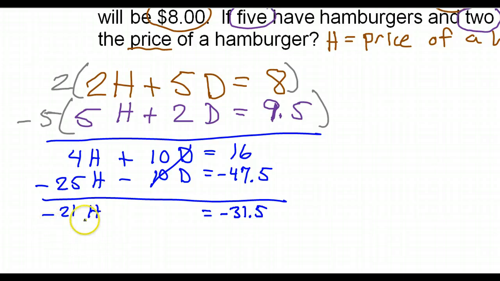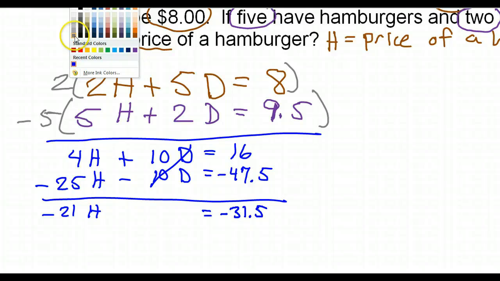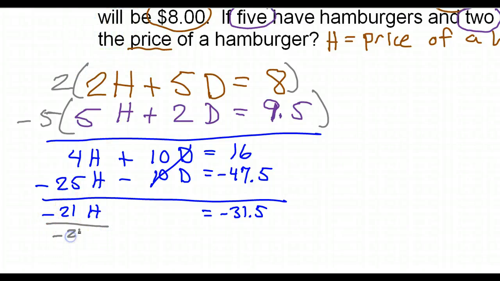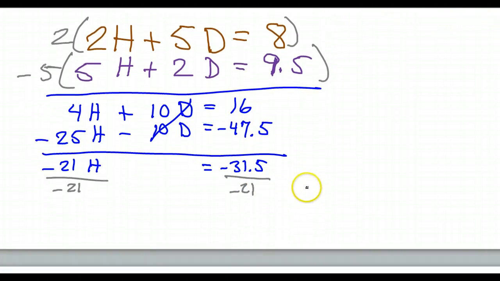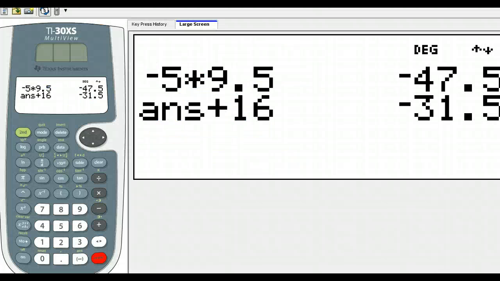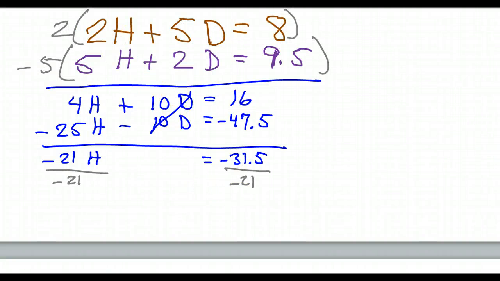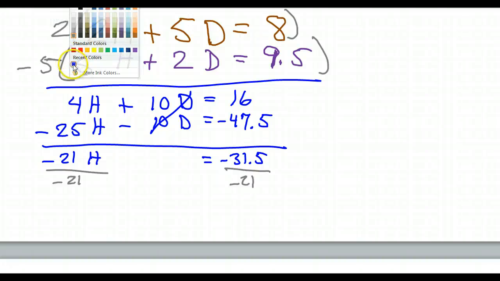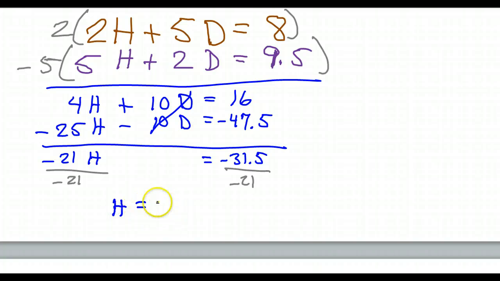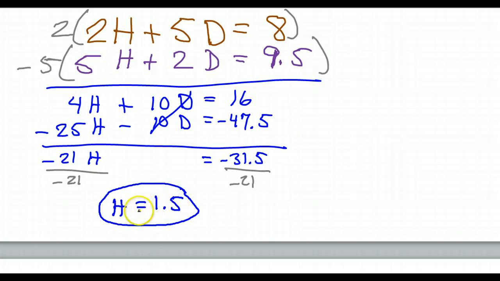All right, so if I go ahead and divide both sides by negative 21, I get 1.5. All right, in the back of your mind, be thinking $1.50. So that's h is equal to 1.5. So that is our first value.